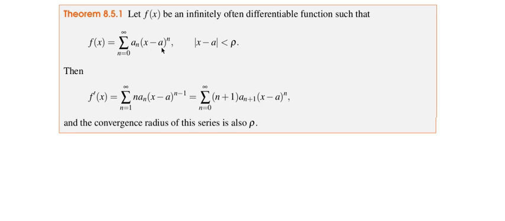So if you think about it, this derivative is n times x minus a to the n minus 1. Or you can rewrite it in terms of it starting at 0, doesn't matter. And the convergence radius of this series is also the same. This is a very interesting result that allows us to find many power series, and also to go from power series back to the original function, right?